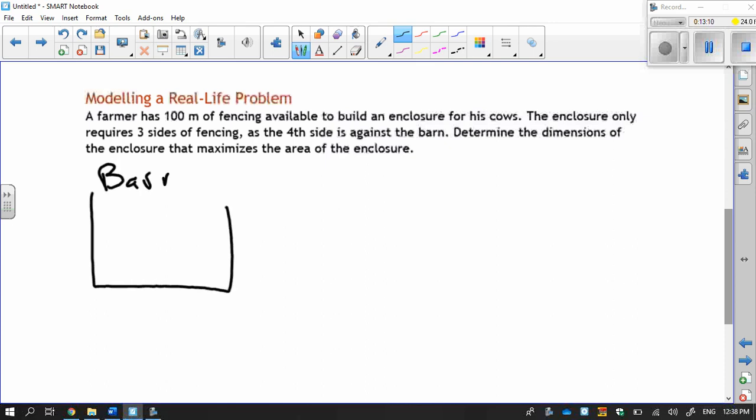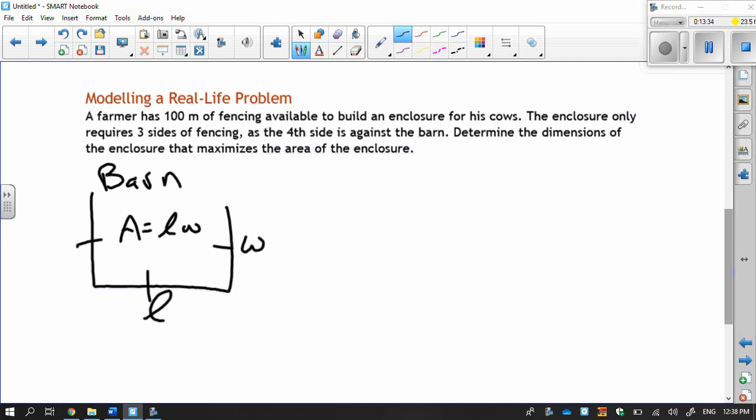We know an area of this is length times width. I'm going to call this side my length and this side my width. Now, we know that perimeter is equal to length plus 2 width in our case. Usually it's 2L plus 2W, but one of our L's doesn't matter in this case. The easiest way to isolate this would be in terms of L, because we know the perimeter is 100, because we have 100 meters of fencing.